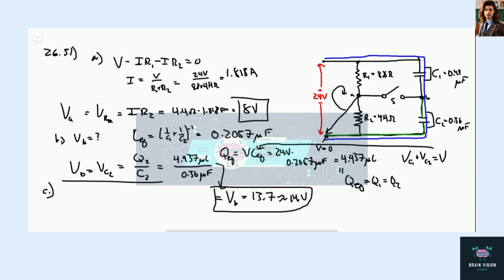If these capacitors are completely charged, we can assume this branch doesn't exist, since there's no current going through them. So the voltage drop at point A is again the voltage across R2, which we already said was 8 volts. So this is still 8 volts.